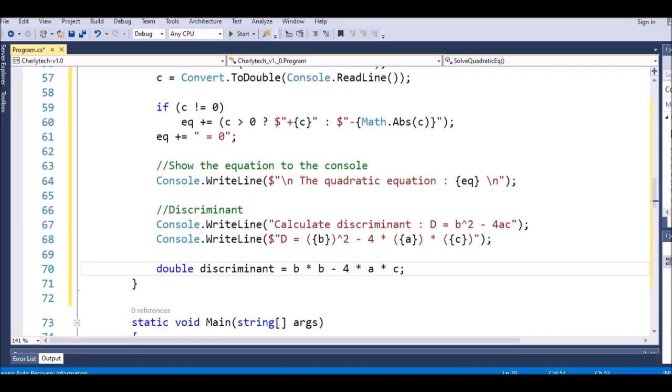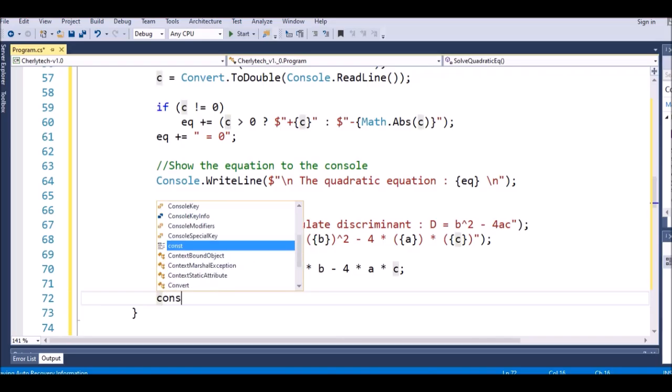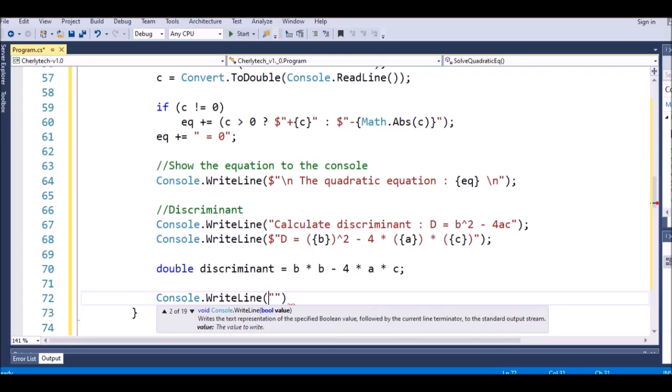So after that, we show that console dot write, here we use total.